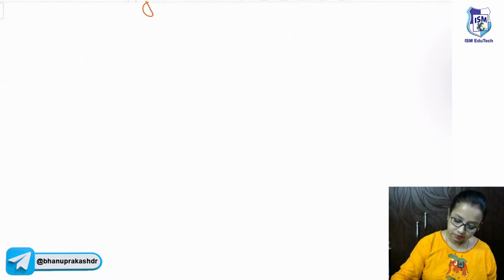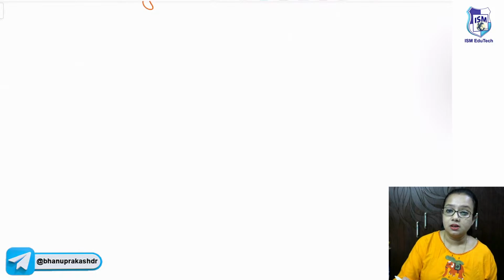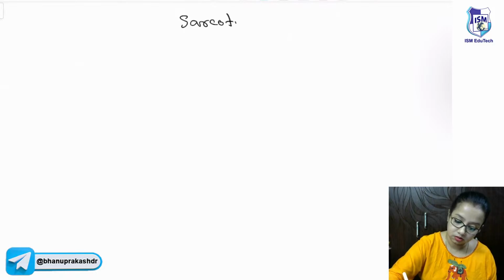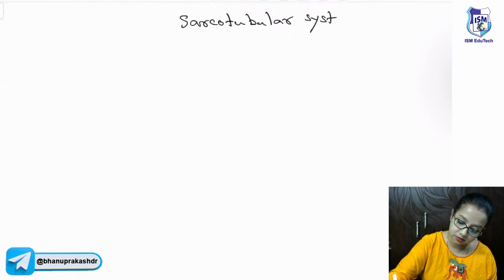Now, when the contraction happens, another structure equally important like the sarcomere is the sarcotubular system.